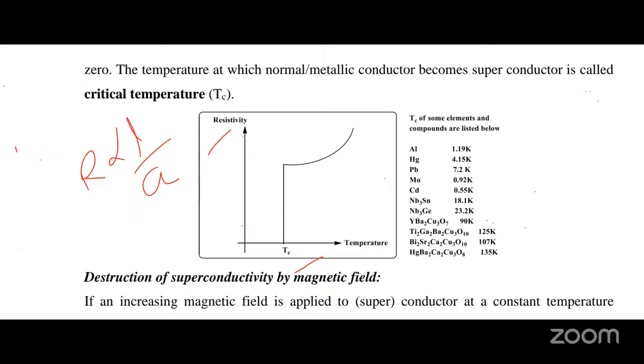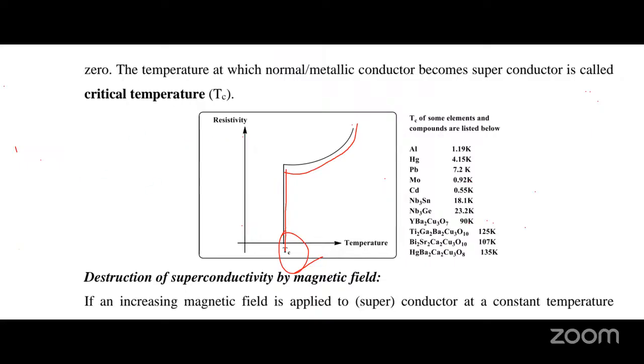That is, at a particular temperature it has some resistance. As temperature decreases, the resistance also decreases, and suddenly at one temperature the resistance becomes zero. At such a temperature the resistivity is zero, meaning it possesses infinite conductivity. Such a phenomenon is known as the superconductivity phenomenon.